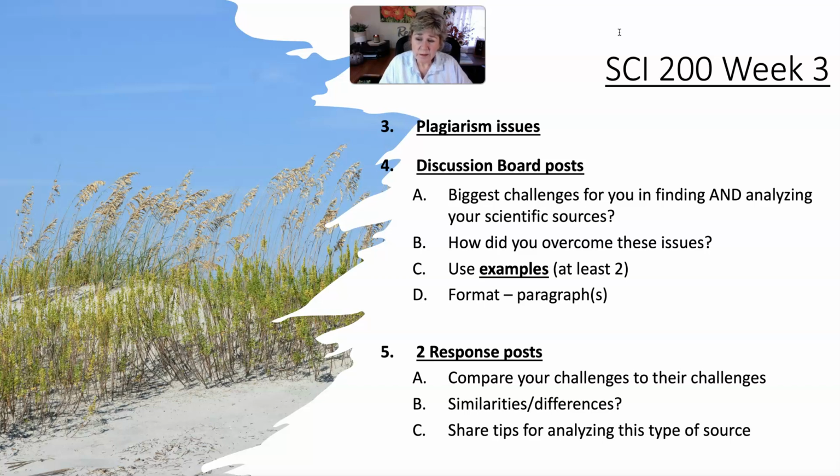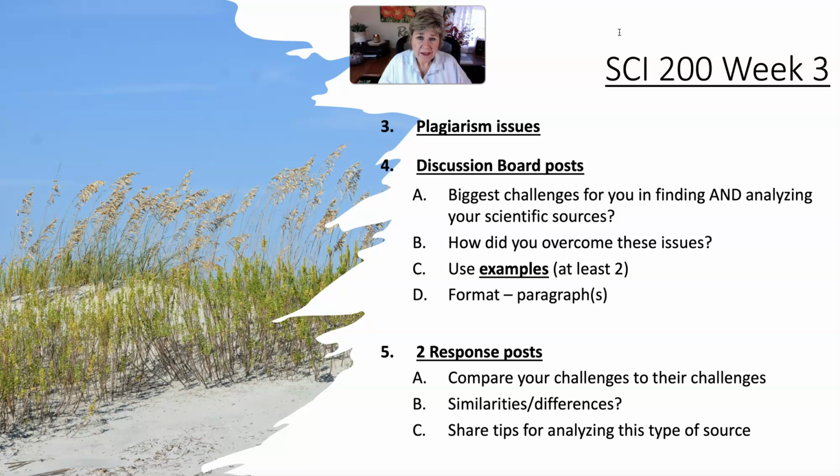So what have been some challenges for you finding and analyzing your scientific sources? Then how did you overcome these issues? Because somebody else might need your advice on how to do this. Use specific examples, at least 2. Don't just blather on about nothingness.